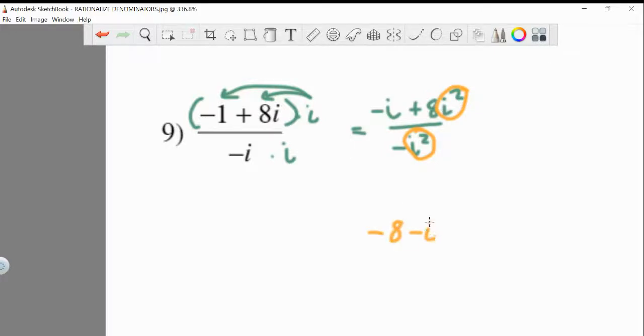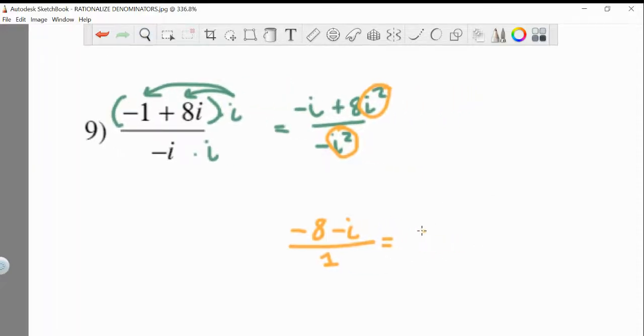Negative 8 minus I. On bottom, we're going to have negative 1 times negative 1, so we should have positive 1. And same thing with this one. You don't really have to divide by a positive 1. So really probably the best answer just looks like this. Negative 8 minus I. That's probably the best way to write your answer for this question.